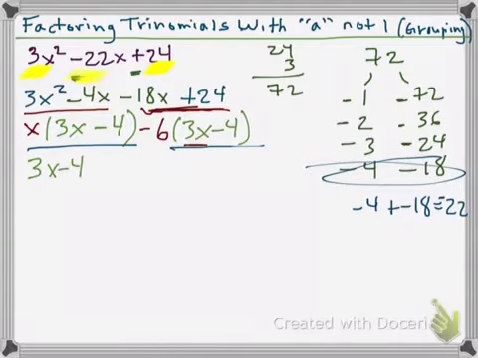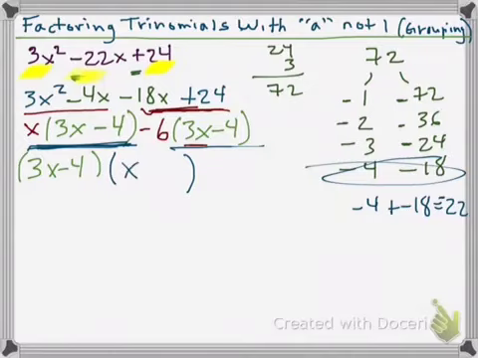It's a little bit more complicated than what you're used to pulling out, like a number or an x, but it's still something common. And then we can write what's left over after doing so, just like we did in the earlier steps. Well, if I have x times 3x minus 4 here, and I divide out that 3x minus 4 binomial, I'm left with x.